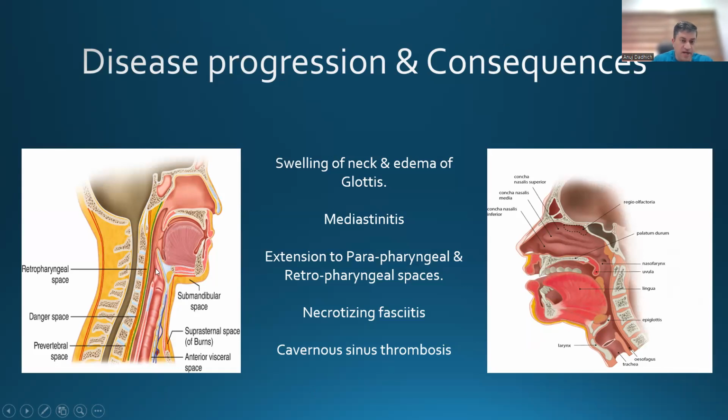The disease can spread into the parapharyngeal and lateropharyngeal spaces. It can cause something called necrotizing fasciitis, and very rarely it can also lead to the development of cavernous sinus thrombosis and bacterial meningitis. So these are the possible complications of Ludwig's angina.